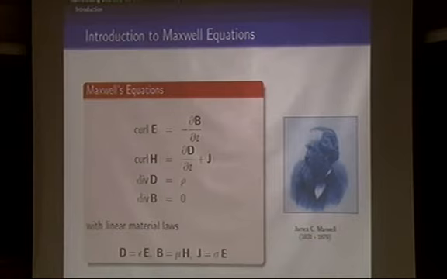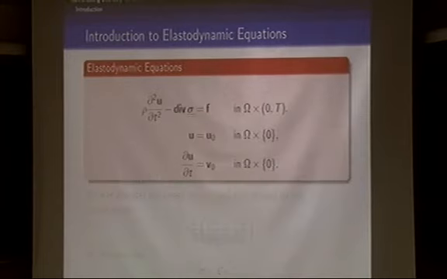That is Maxwell's equations. But in general, in the industrial area, people are interested in finding the electric field and magnetic field, so that if you have the solution for E and H, you can also find D, B, and J. Right. So the next one is the elastodynamic equations. It also has a second derivative in time.